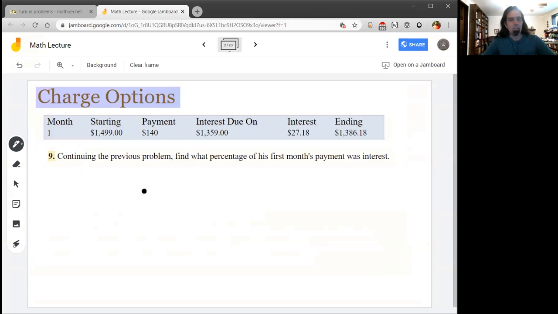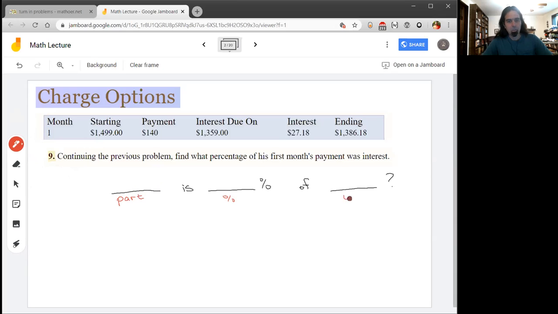So if we're asking about a percent sentence, then our general Mad Libs formula is something is some percent of something else. The percent is always easy to find. This one was the part.